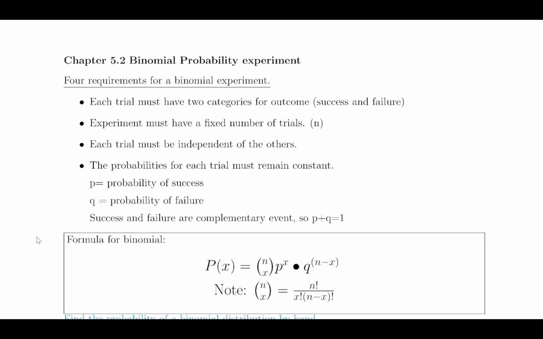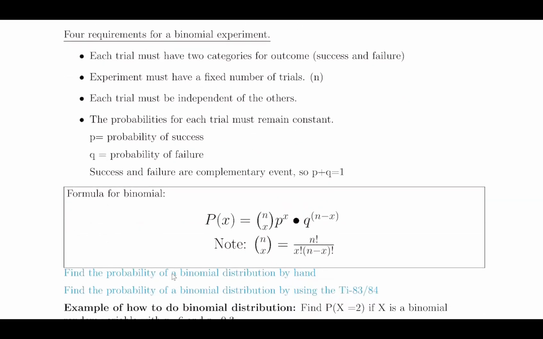All right, so we're going to go over the formula for binomial. This portion over here is going to give us how many combinations we have.